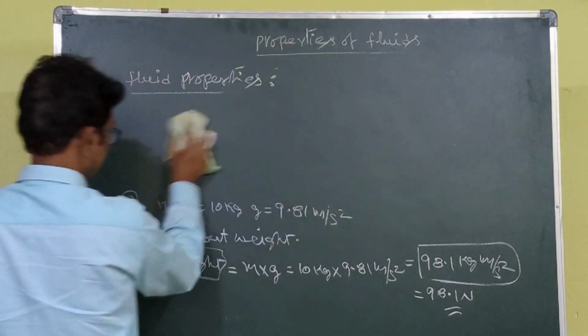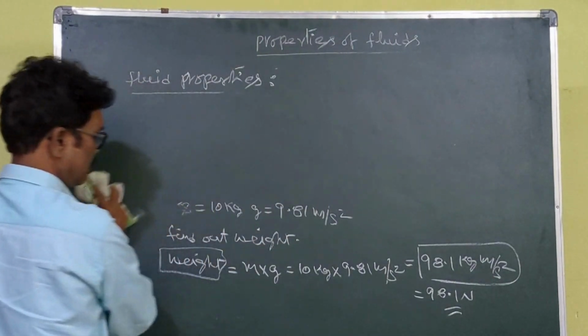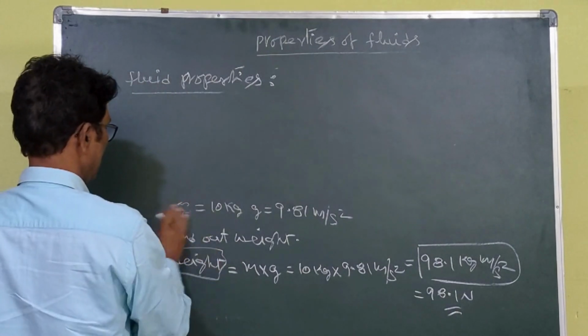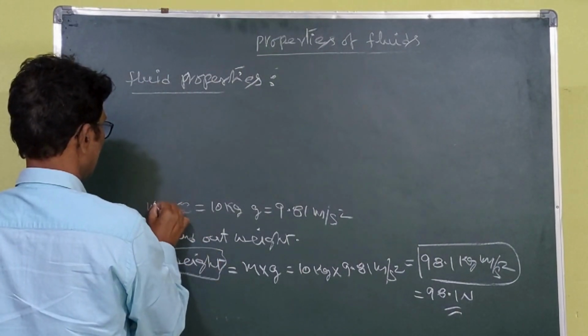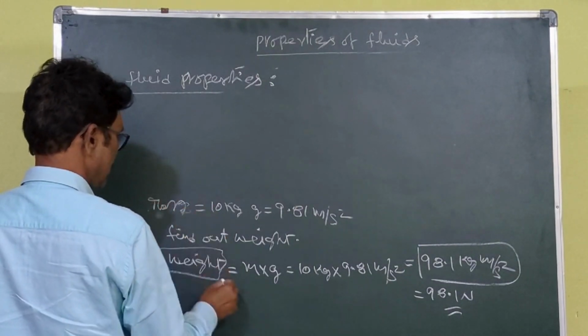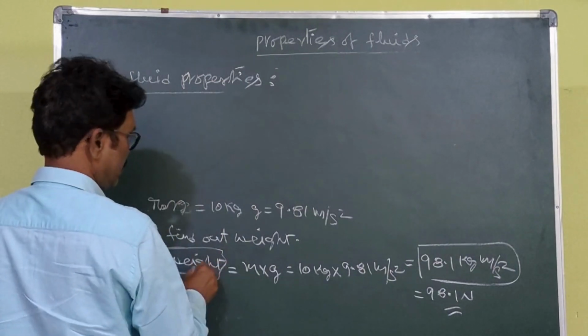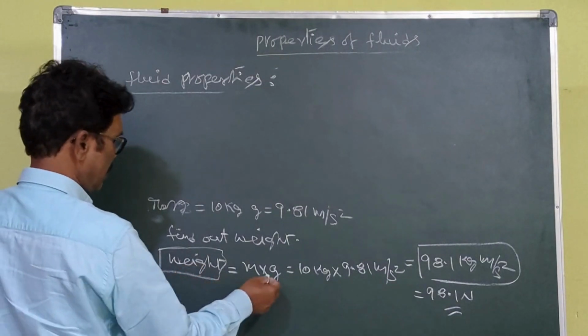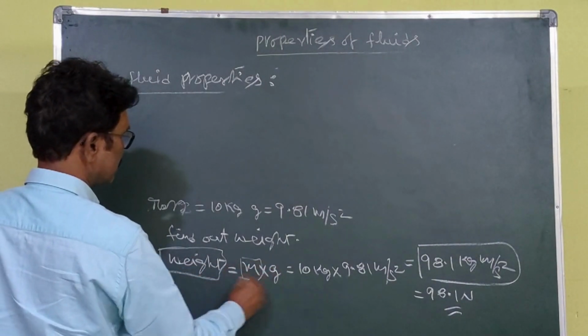From this problem you can understand that weight equals mass into acceleration due to gravity. Suppose they give the weight, we can find out the mass.